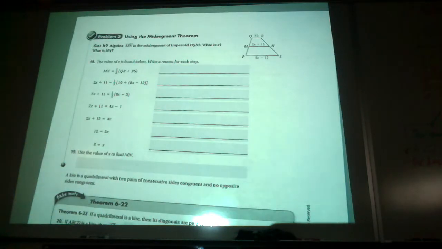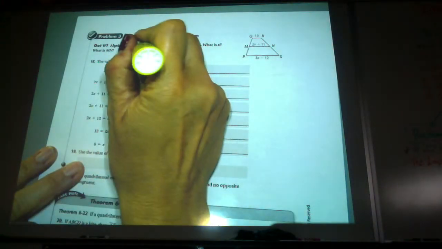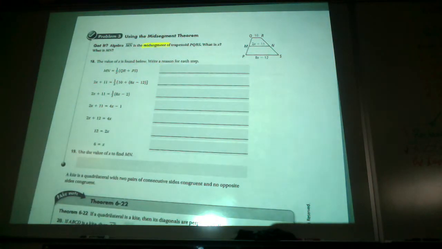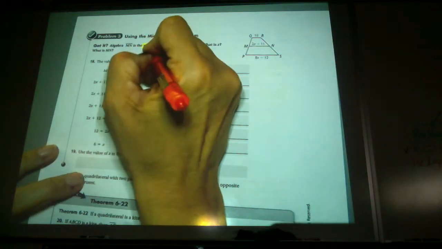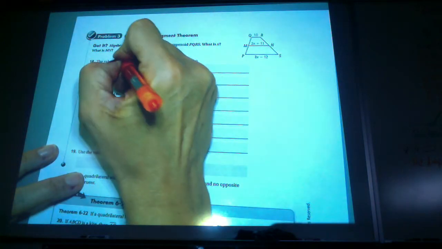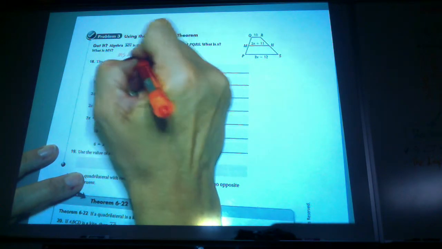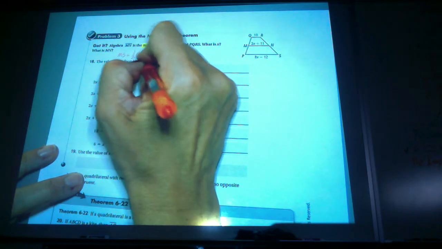Example 3. Segment MN is the mid-segment of the trapezoid PQRS. So remember, we came up with two formulas for the mid-segment. By definition, the mid-segment is equal to half of the sum of the bases.